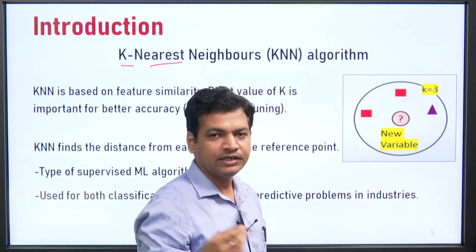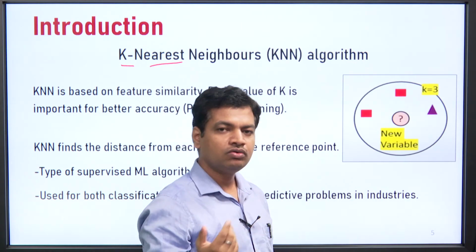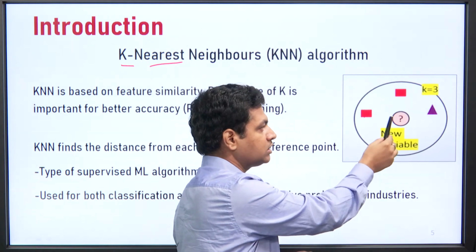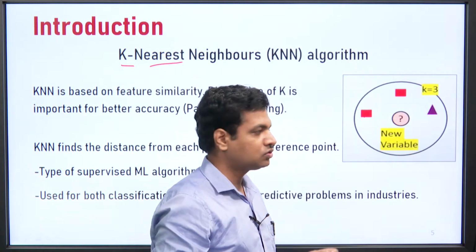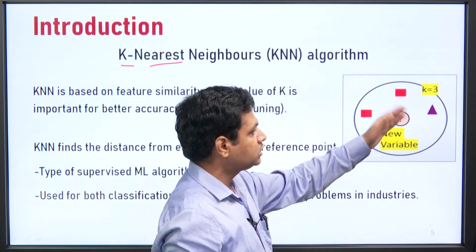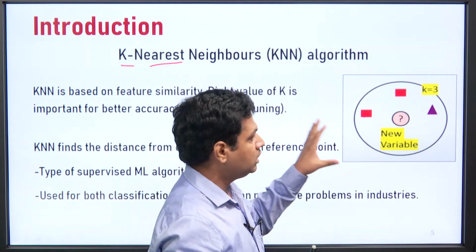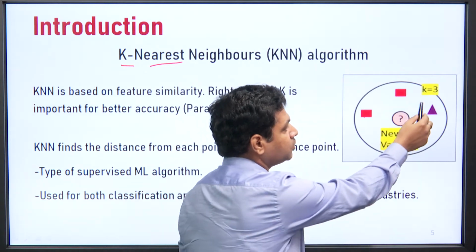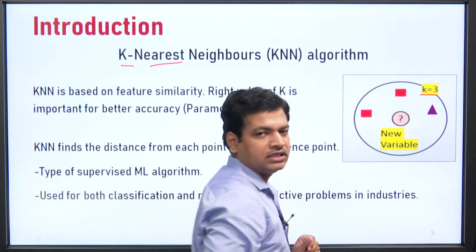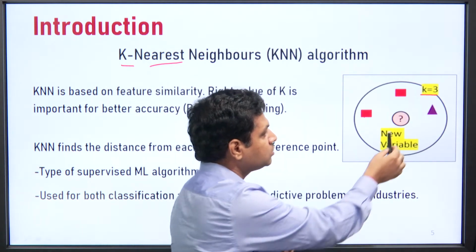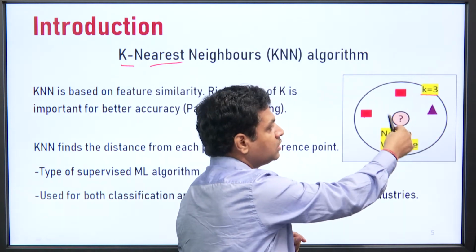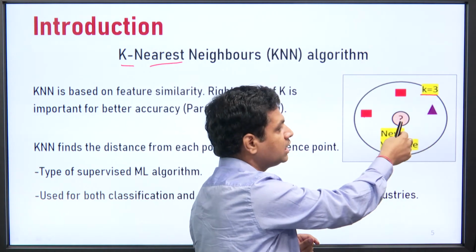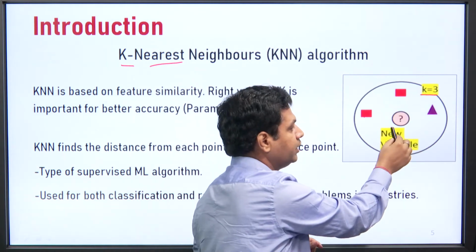Now, if a third entity comes in and we want to know whether it belongs to the square class or to the triangle class, we do not know. To decide which class the new entity belongs to, KNN plays an important role, where based upon the k value, as I said, k takes an integer value, we will see the majority, and based on the majority class we will assign that class to the new entrant.